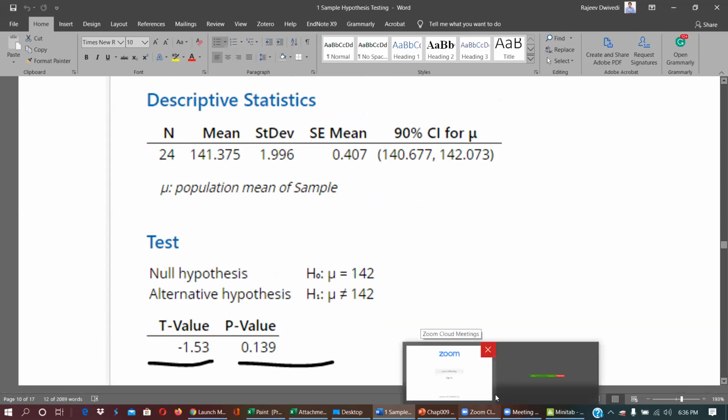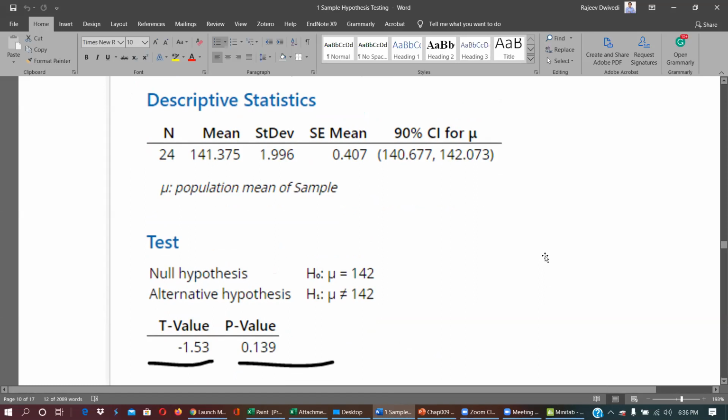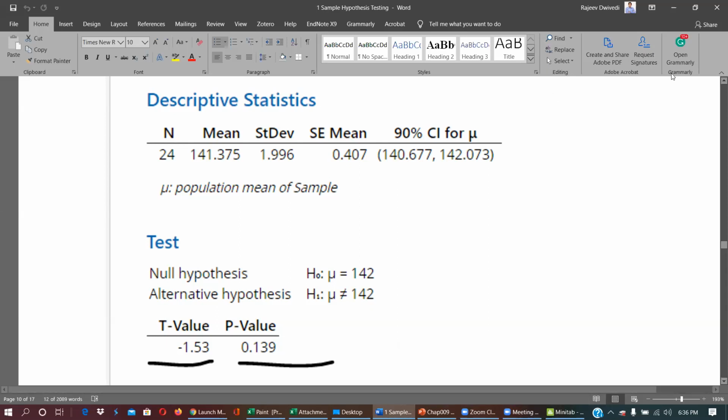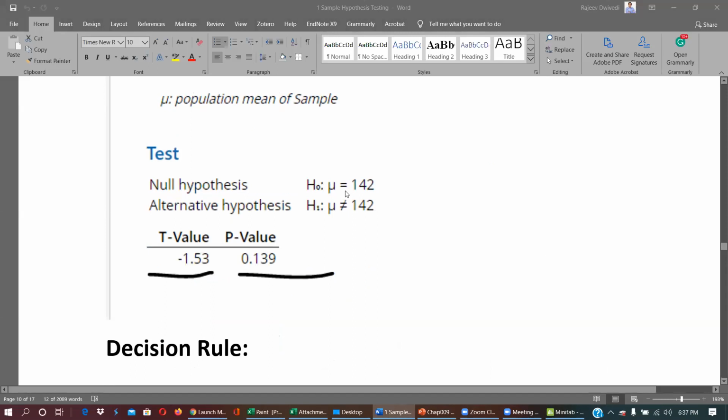Is it accepted or rejected? The null hypothesis is accepted. Exactly. So how do you interpret this from a managerial decision point of view? Can you say why?